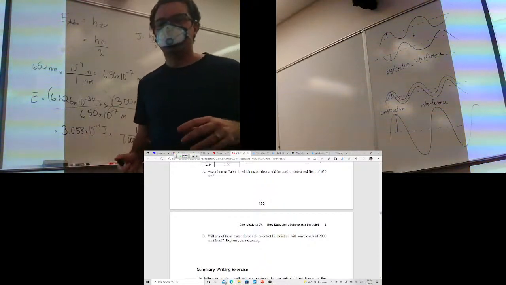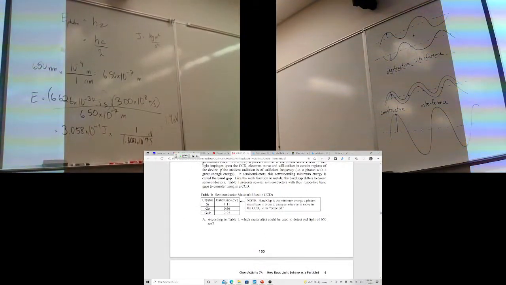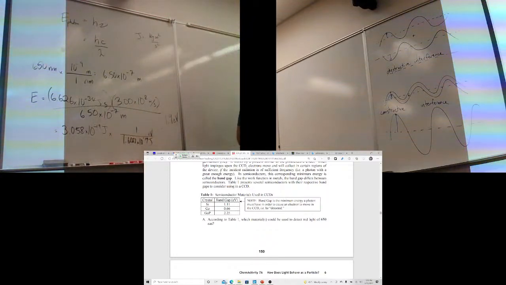And that small energy may not be enough to trigger silicon anymore. It may not be enough to trigger germanium. Maybe it is. So you have more limited materials that can detect something like infrared because it's such a low energy photon. It needs to be really sensitive.